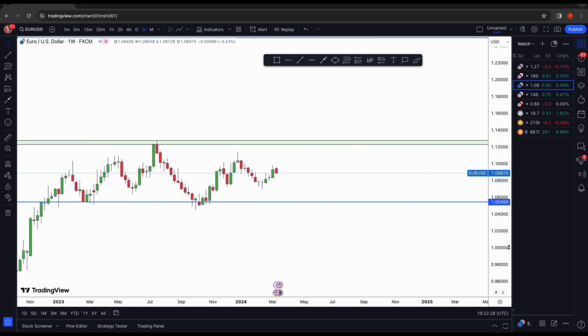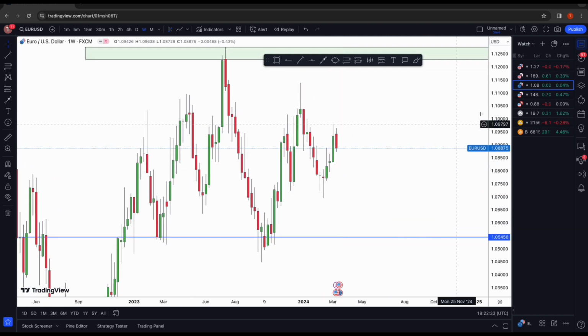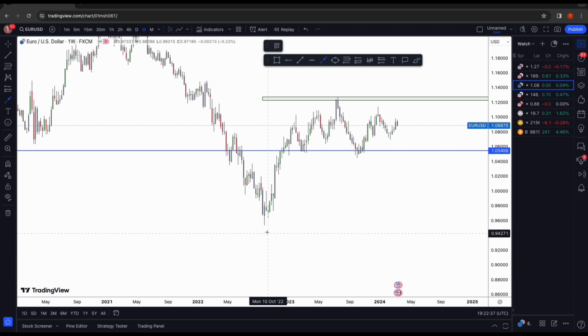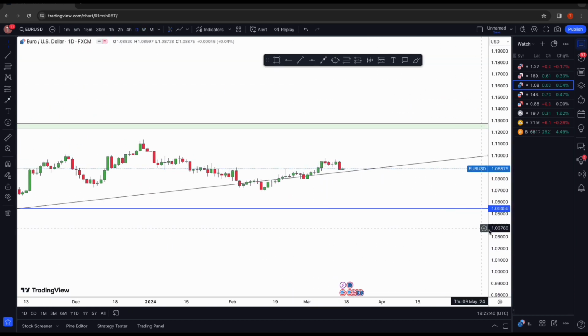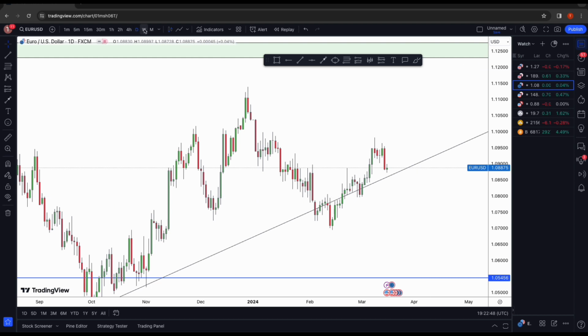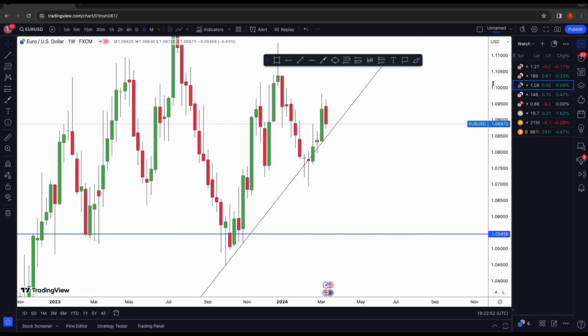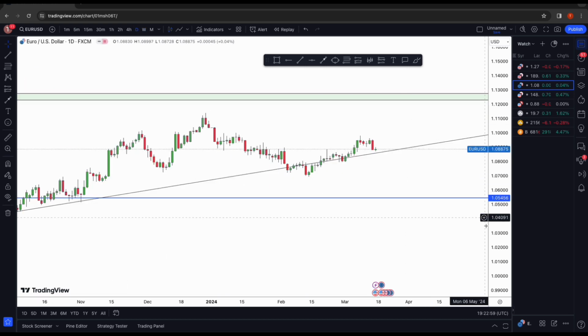What did we have last week? So price has been trending bullish. Last week we had a bearish close before the prior week where we had a bullish close, looking quite good for continuation buys. So last week may have just been a pullback for continuations.